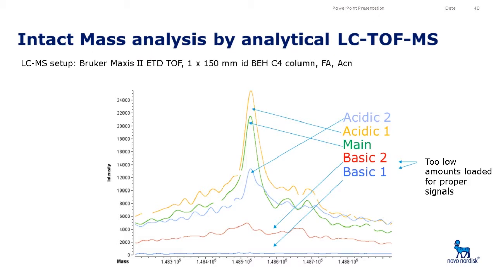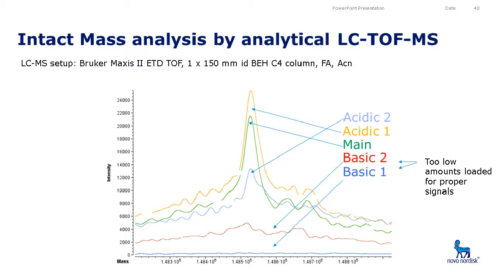Here the MS analysis was performed on a Bio-Accord, with a 1 millimeter column, 150 millimeters length, C4, formic acid acetonitrile gradient. Here we got data for some of the fractions, because we could only direct a little bit of aliquot for the intact.